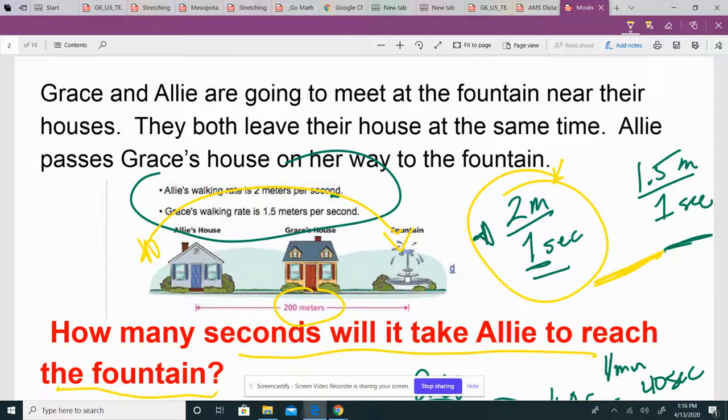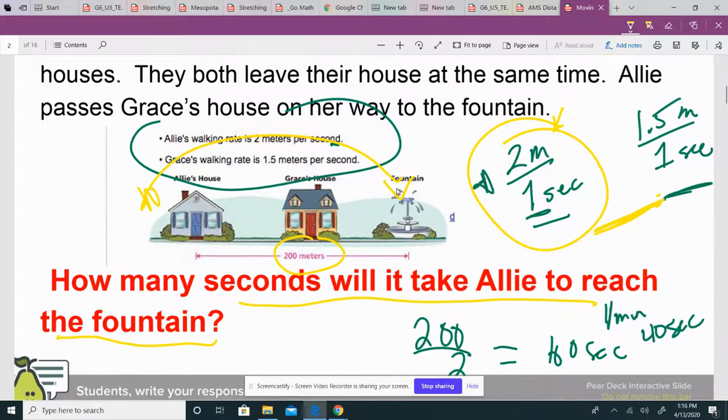So they're walking faster. The time is the same, 1 second, but Allie's walking 2 meters per second and Grace is walking 1.5 meters per second. Why is that important in the context of this particular problem? Not necessarily, but if we're asked to compare their walking rates or graph them, we may need that.